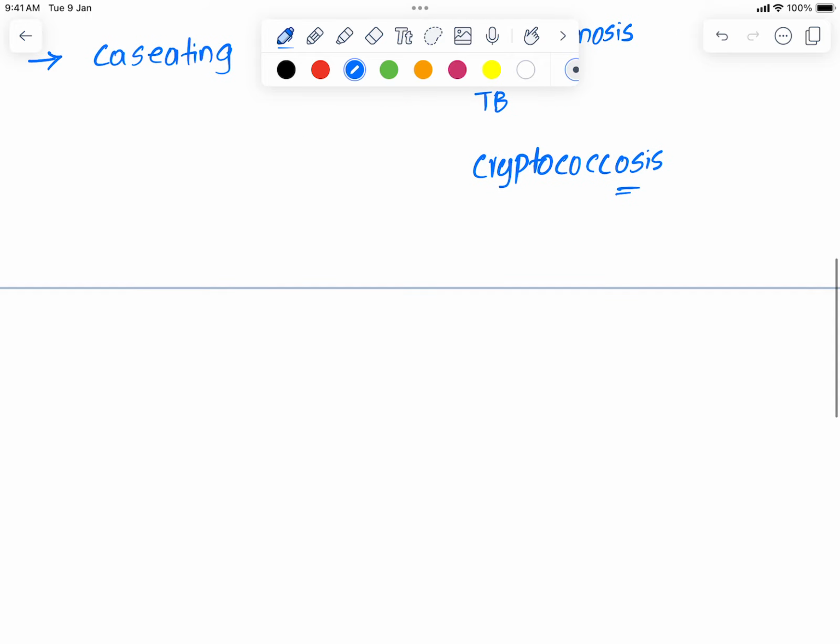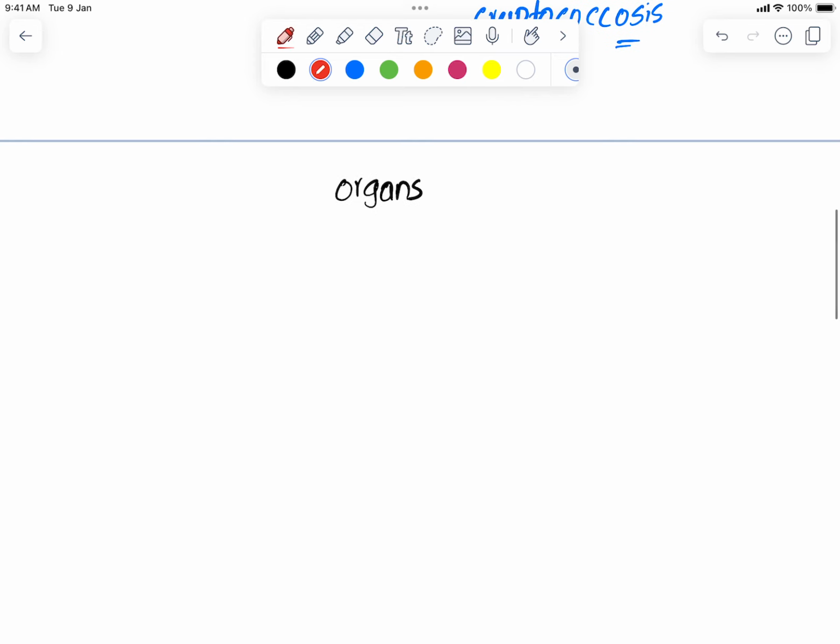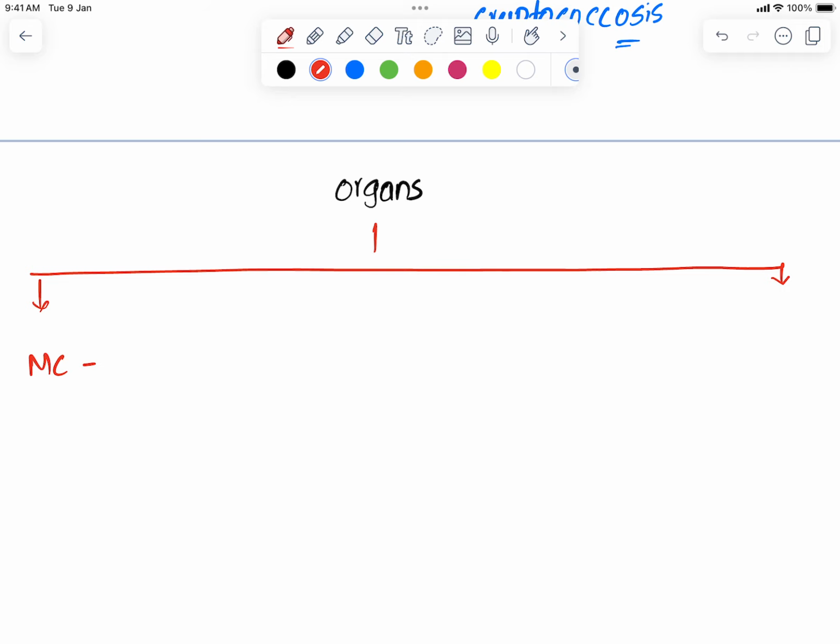If you see the organs affected in patients with sarcoidosis, the question that can be asked is, what is the most common organ affected in sarcoidosis?